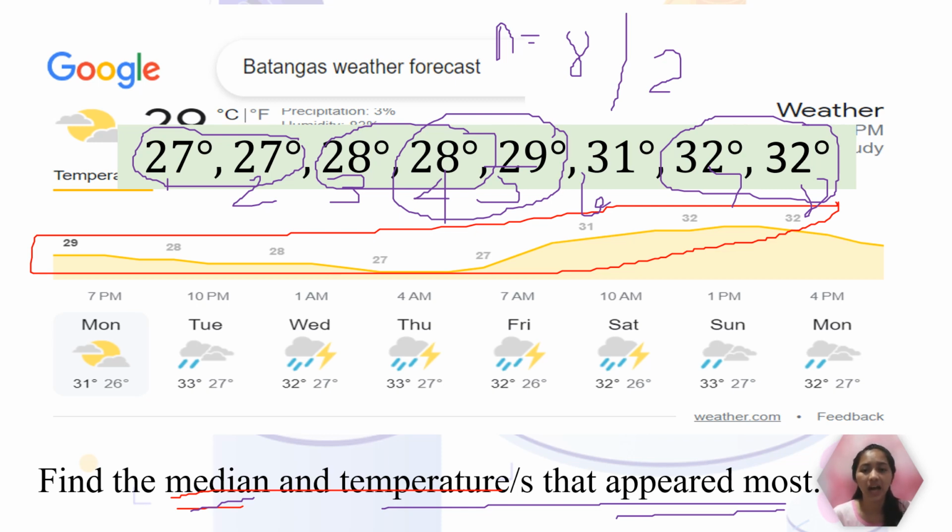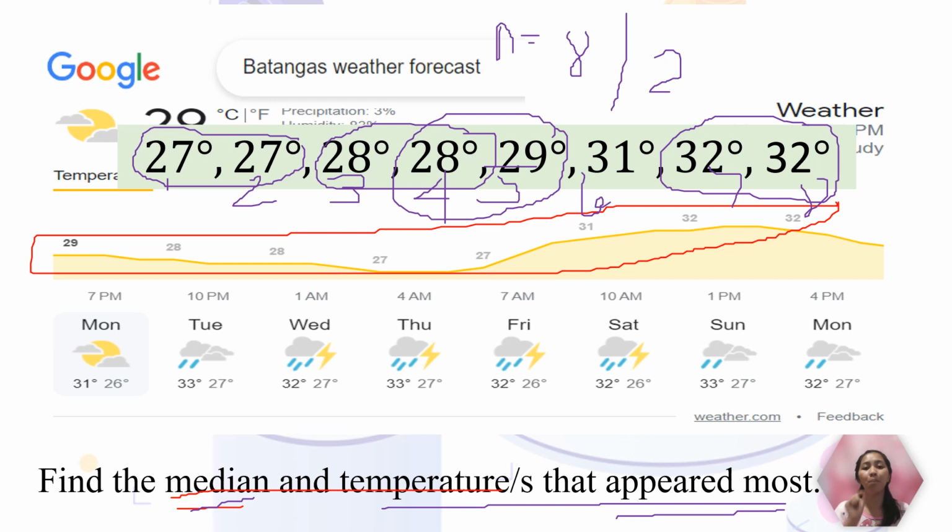Ngayon mga anak, kapag nakita natin na dalawa din yung 29 degrees, dalawa din yung 31 degrees, ibig sabihin, there is no such temperature or temperatures that appeared most. Kasi pare-parehas lamang sila ng bilang na lumabas doon sa given set of data.